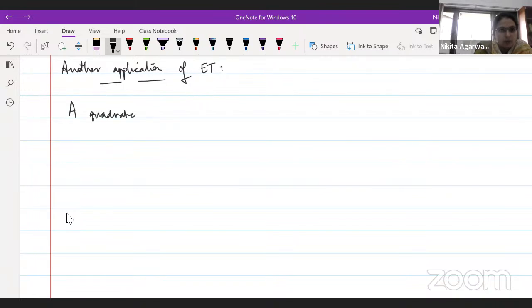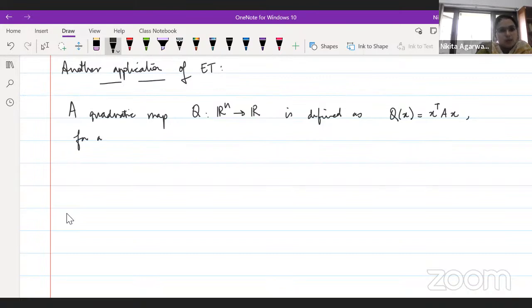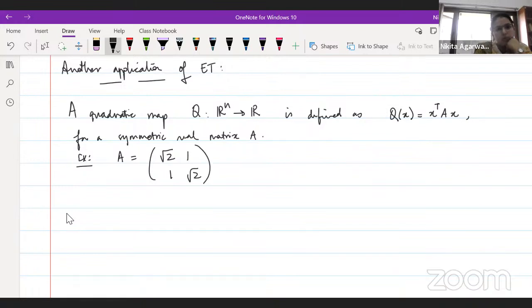A quadratic map Q from R^n to R is defined as Q(x) = x^T A x, where I'm thinking of x as a column vector, for a symmetric real matrix A. An example could be A = [[√2, 1],[1, √2]].